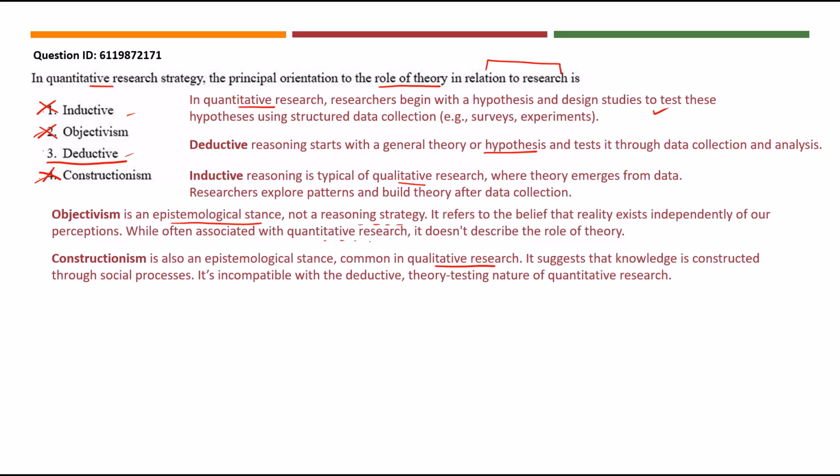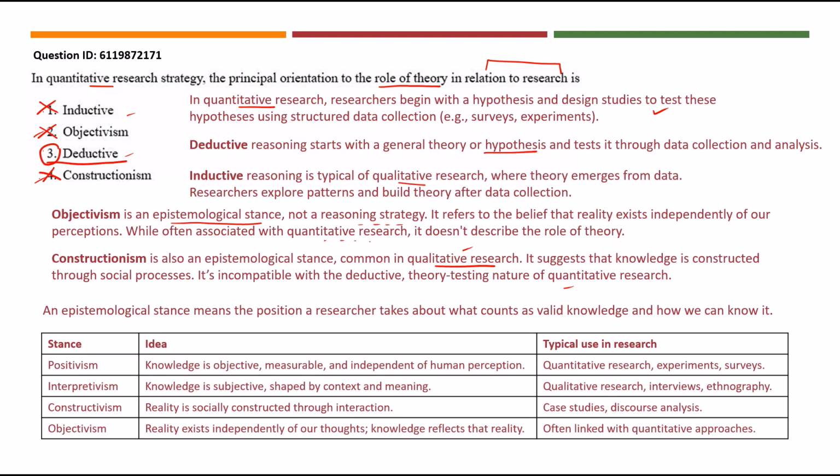It suggests that knowledge is constructed through social processes. It is incompatible with the deductive theory testing nature of quantitative research. They are not related to each other because constructionism is qualitative while deductive reasoning is quantitative. Now we know option number 3, deductive, will be the right answer.